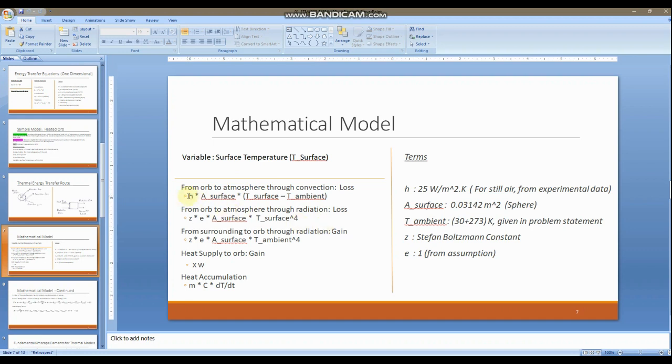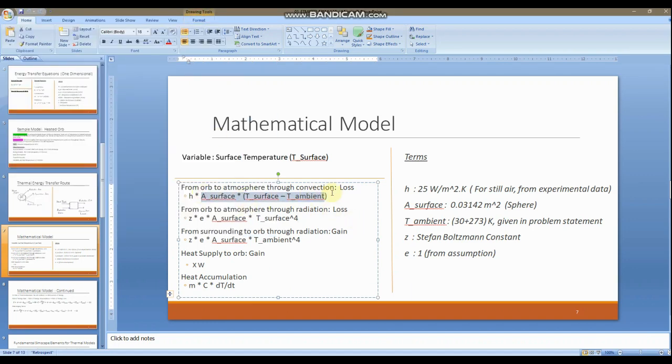If we take convection loss, we have H, which would be the coefficient of heat transfer from the orb's surface to the atmosphere, the surface area of the orb, and finally the temperature difference between the surface of the orb and the ambient.